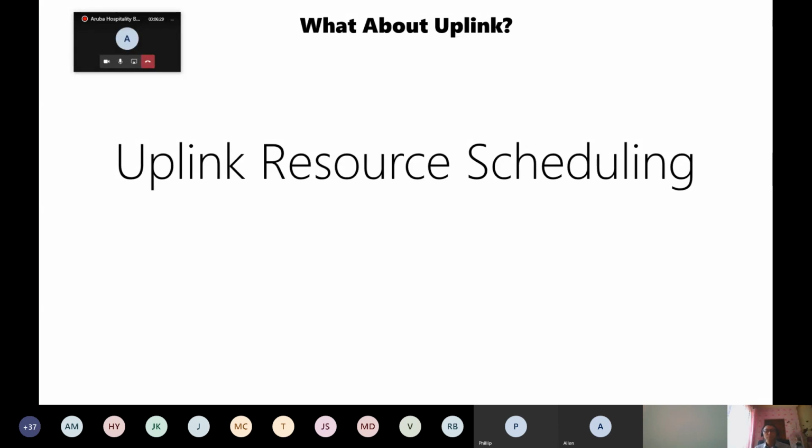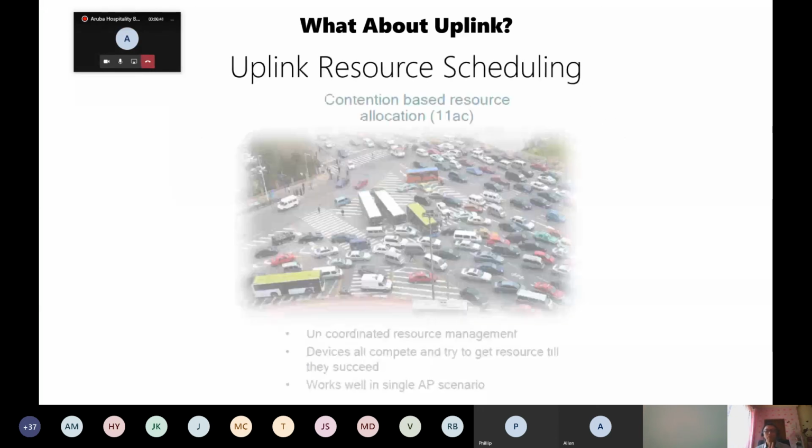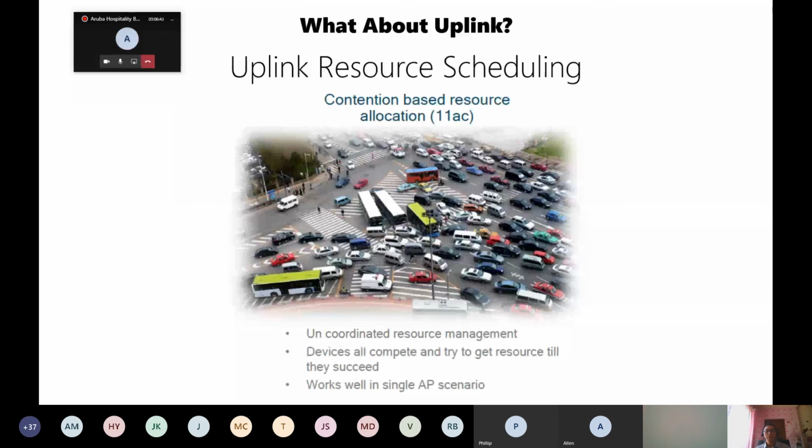Now, what about uplink? In Wi-Fi 6, another key and important feature is that it introduces uplink resource scheduling. For over 20 years, Wi-Fi had never done that before. Wi-Fi had been a contention-based protocol. It is uncoordinated. If you look at this picture of a traffic junction, which by the way looks like Manila, that is how people get around in Manila.